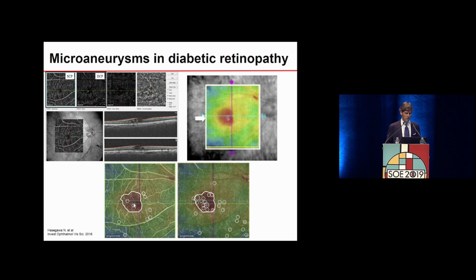Well, the majority of microaneurysms associated with edema, with cysts, are located in the deep capillary plexus. So more or less in line with what was demonstrated in eyes with diabetes but without diabetic retinopathy, it seems that the majority of changes in diabetes are located at the level of the deep capillary plexus. And indeed, microaneurysms that are responsible for development of edema are located mainly at the level of the deep capillary plexus.